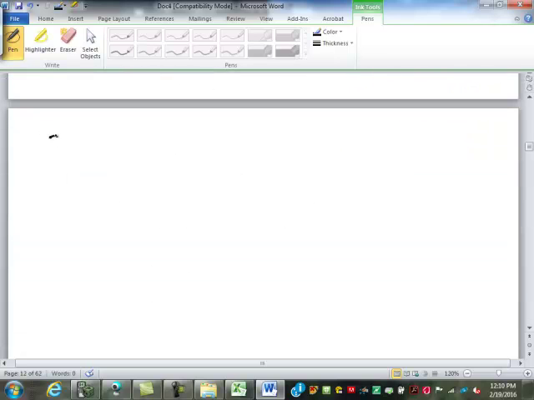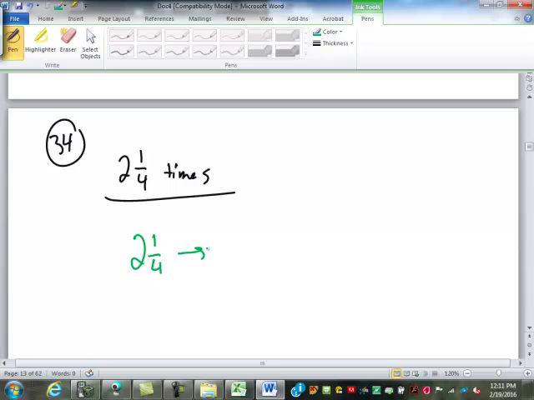34. Patient's white blood cell count increases 2 1/4 times. What percent increases this? All it's asking us to do is take 2 1/4 and convert it into a percent.